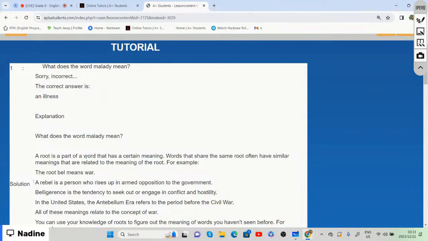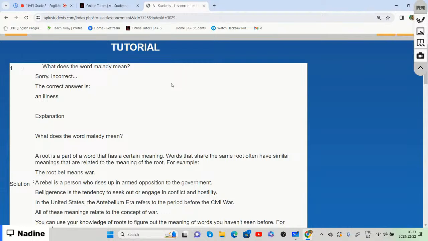So if we look at this word, it says, what does the word malady mean? So we need to say what that word malady means.